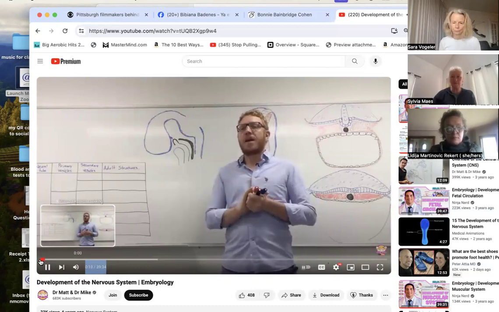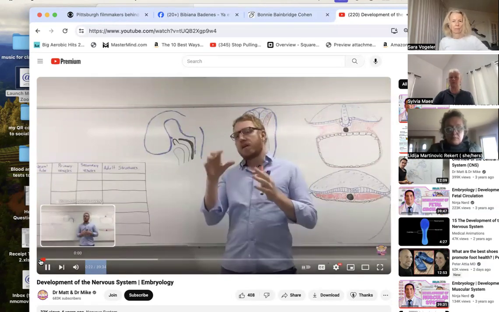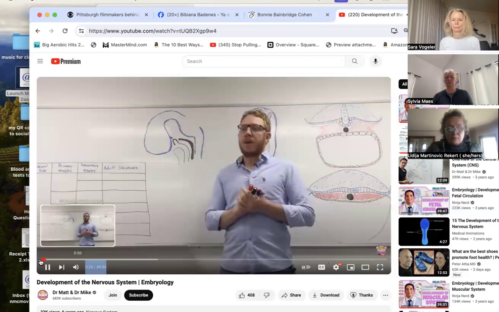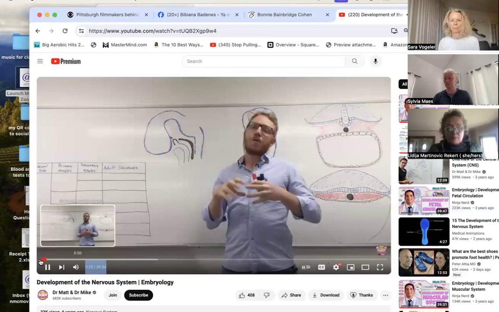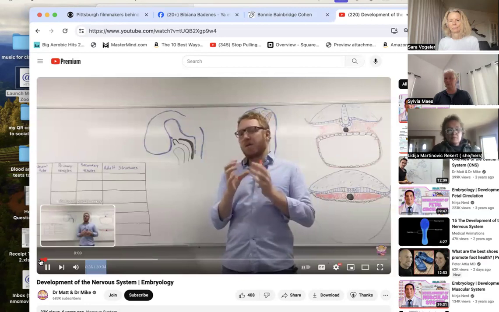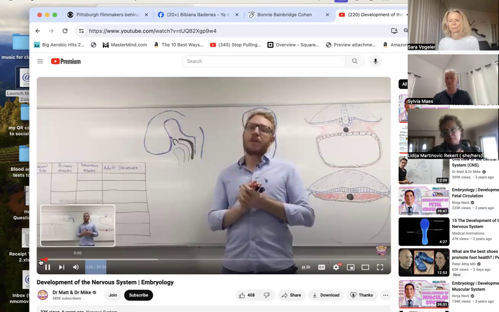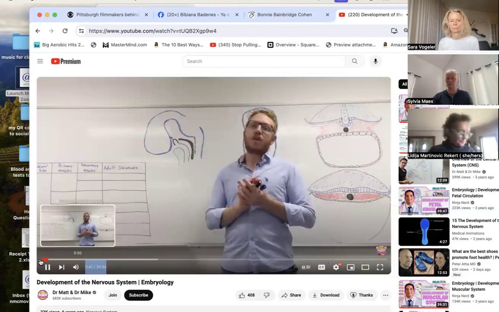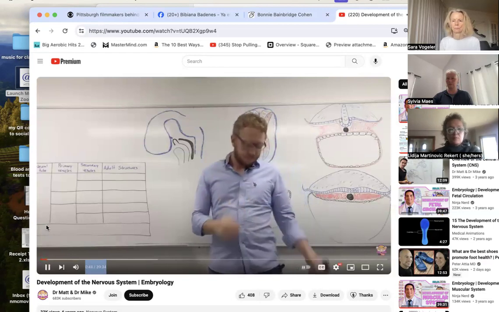The first is the formation of the brain vesicles and the folding of the brain itself. Number two is how the neural tube forms and causes the creation of all the cells in particularly the central nervous system. So that's almost more like histology of the neural tube. And then finally, number three is the positional change of the spinal cord itself.